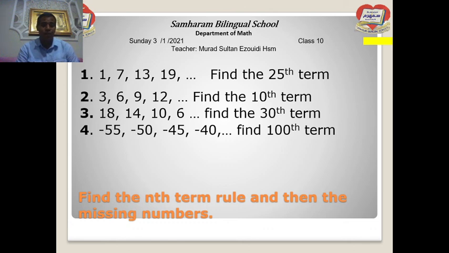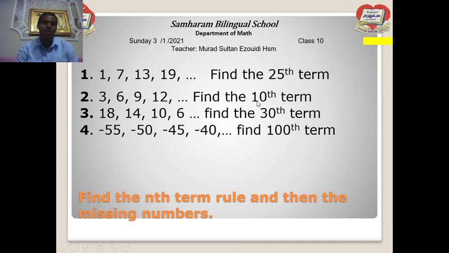Here the first term is 3, the second term is 6, the third term is 9, the fourth term is 12, and the question is to find the 10th term. So 3 multiplied by 1 is 3, 3 by 2 is 6, 3 by 3 is 9, 3 by 4 is 12.